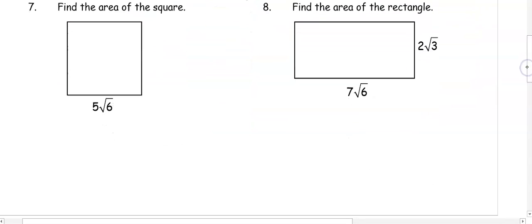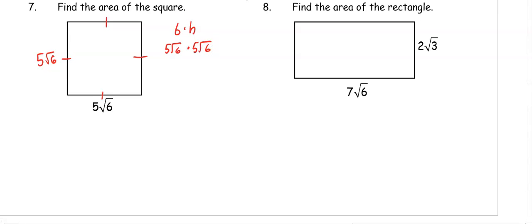Find the area of a square. A square has 4 sides that are all equal to each other. So we know that the base and the height have to be the same in a square. So when we multiply, we're multiplying base times height. So 5 root 6 times 5 root 6. The numbers on the outside are 5 and 5.